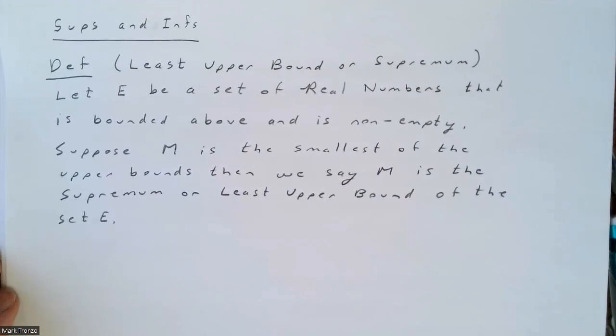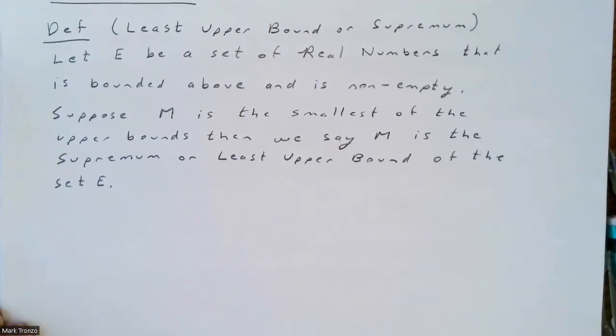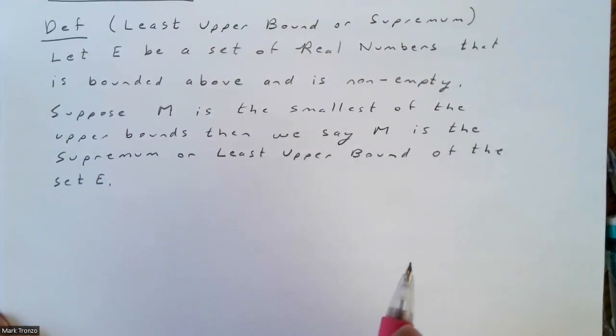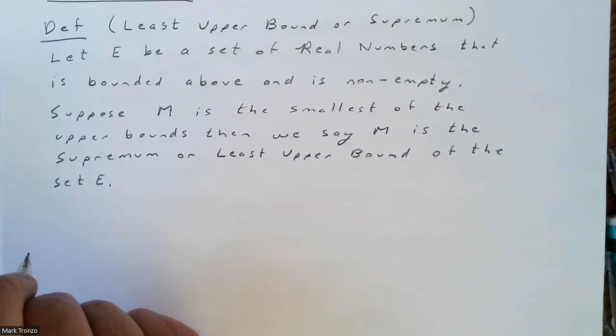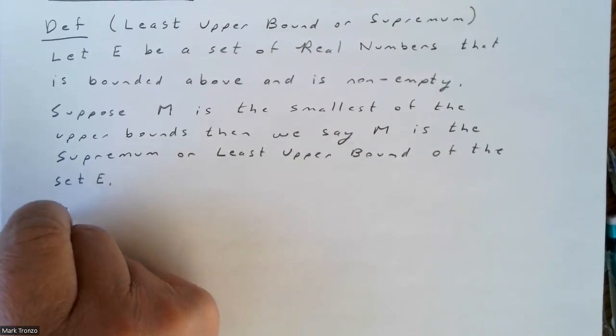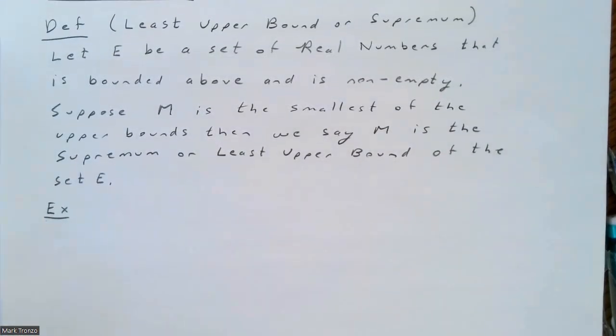So again, we have all the possible upper bounds. The smallest of those is what's called the least upper bound, and that's also called the supremum. So again, let's go back to our last example that we had.